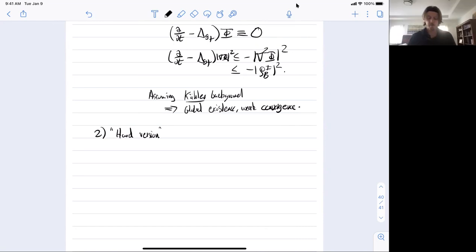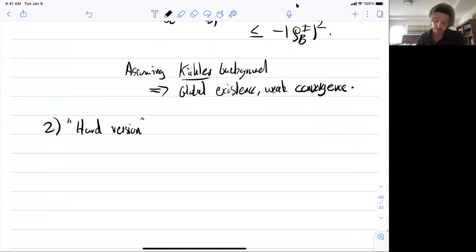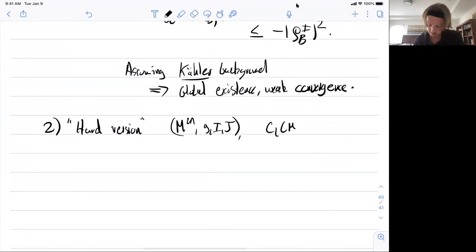So let me just make a few remarks about this, what I see as the hard version. Naively, what you might ask is, you have the Bismut Ricci tensor, and maybe all you want to assume is just that this is zero, not in the Bott-Chern sense, just that it's zero.